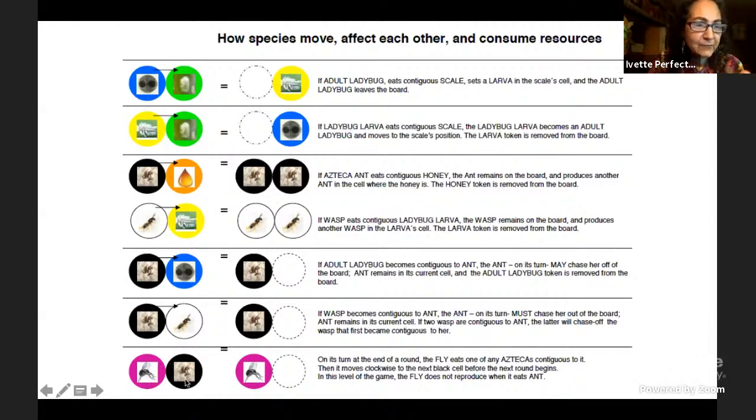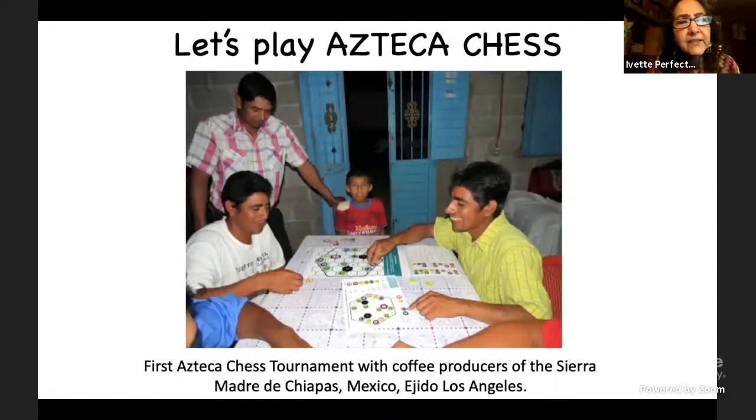When the phorid fly is right next to the ant, then the ant needs to leave the table. So the ant disappears. It's kicked out, and you lose your ant if it comes to a cell that is next to the phorid fly, etc., etc.